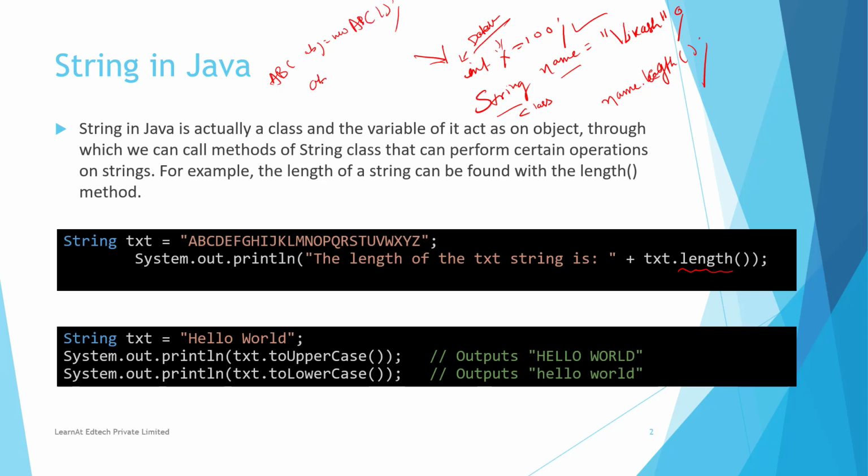Then obj dot m1, the method name, we use it right? But here in string, we do not need to create any object of the string class. Directly this string variable acts as an object, and using that we can access methods of the string class.